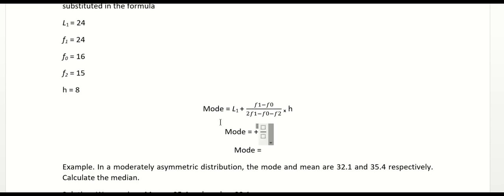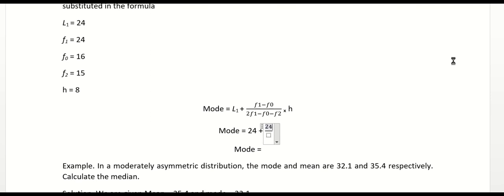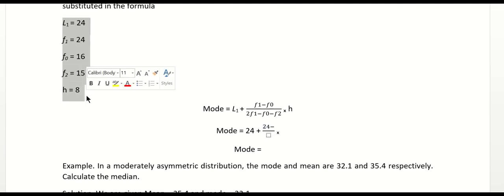So here the formula for mode is L1 plus (F1 minus F0) divided by (2F1 minus F0 minus F2) into H. Here L1 we picked as 24, then F1 is 24. Here you can see these are all the values.